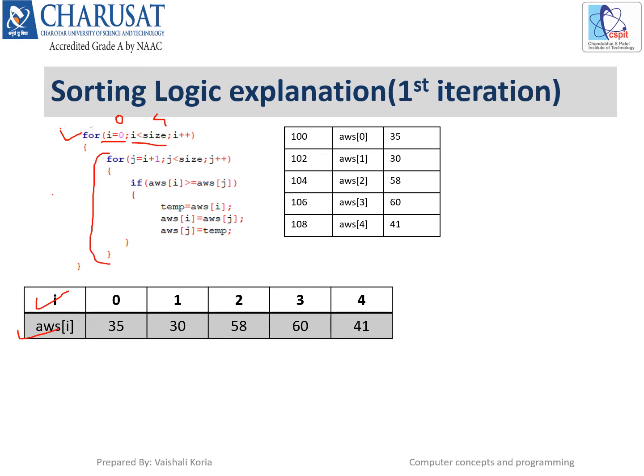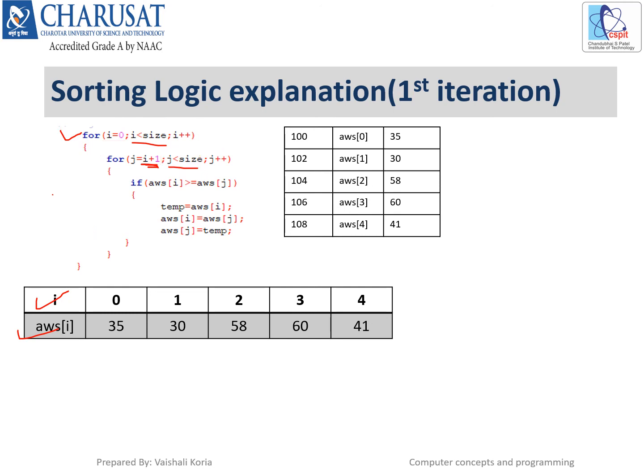The inner for loop will execute from the very next element, i plus 1, up to the size. The inner for loop will be executed until this condition becomes false, right? After the completion of the inner for loop, the value of i will get incremented, and again the inner for loop's execution would start.